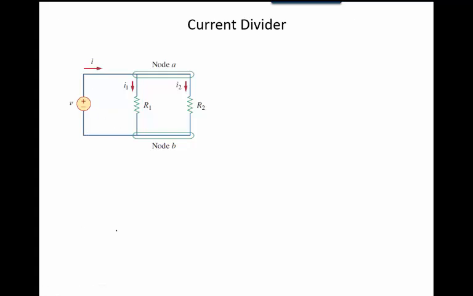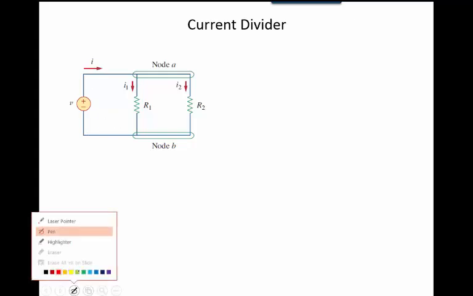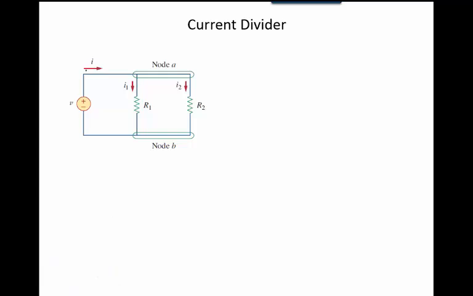So this I can call I total if I want. And what's the current in this leg down here? This is one branch, right? By virtue of being one branch, that's also I total. So I total goes into the circuit.